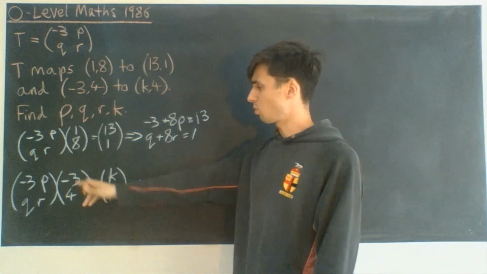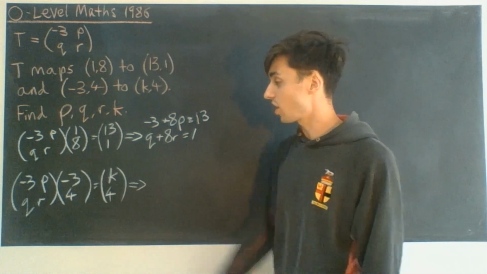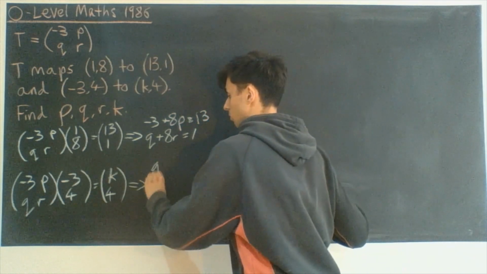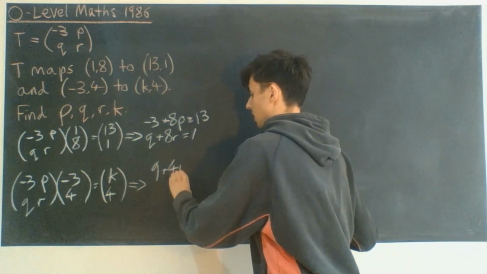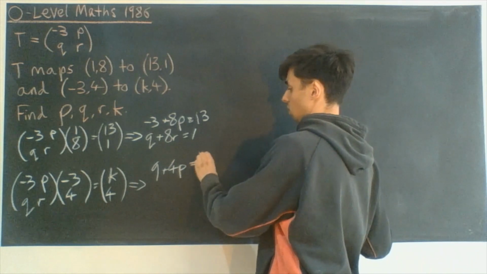Let's do the same thing with this matrix down here. So looking at the top row, we've got minus 3 times minus 3, then we have 9, and 4 times P, so we'll have 9 plus 4P equals K. That's what we see on the top row.